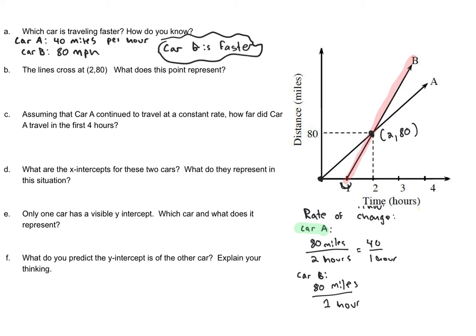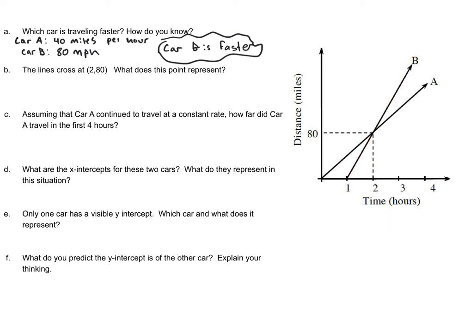All right, our next question, the lines cross at the point (2, 80). What does this point represent? Let's get that cleaned up and add that point. So this is, again, the point (2, 80). And what this represents is the place where the cars were at the same location. So at this very point, they are both at the marker 80 miles.